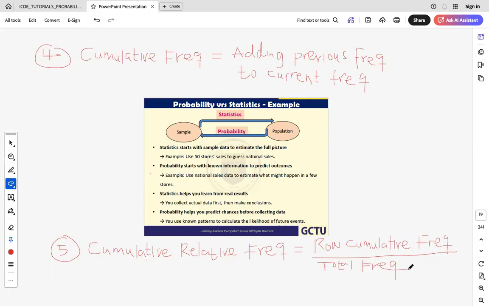That's component number 5. And then the last component, component number 6 for our technique today, is called cumulative percent frequency.